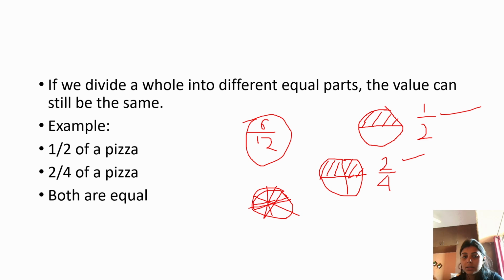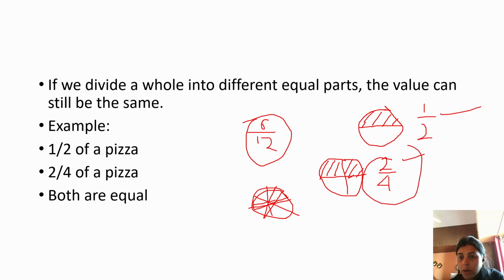So what you understood from here is whether we cut this pizza into either two parts or four parts, like अभी इसको फोर पार्ट में हम कट किए, and we took 2 by 4, this value is same as 1 by 2.